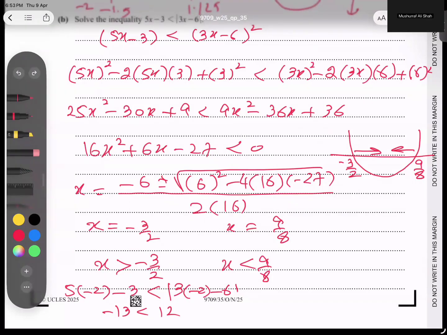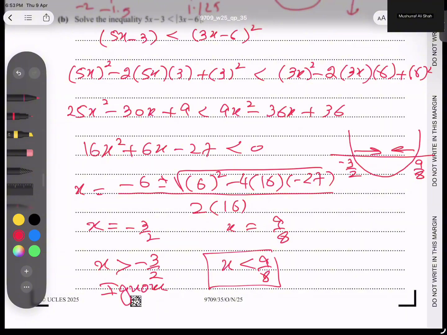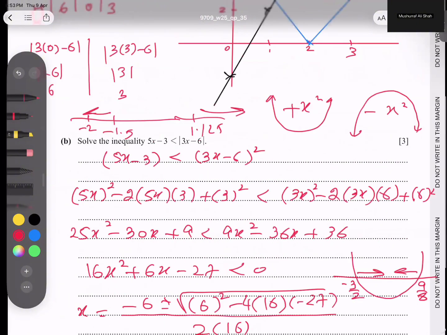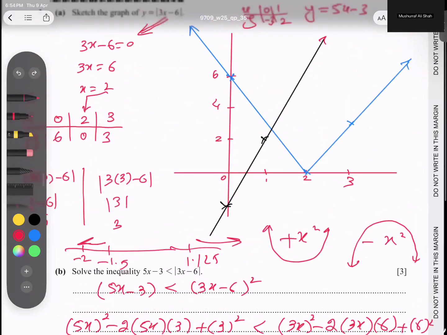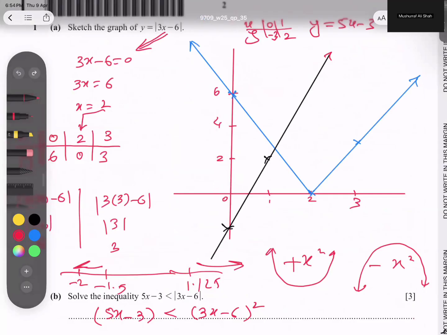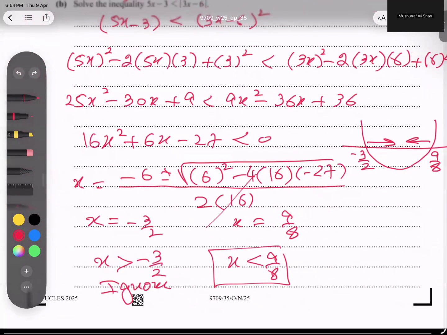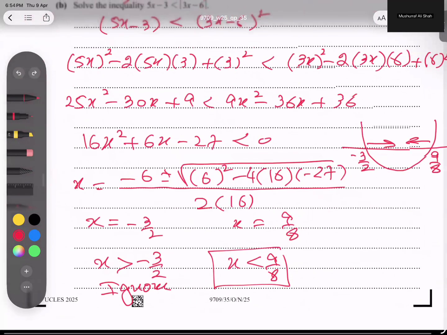So sometimes the diagram is helpful. I repeat again, why ignore? And this is our answer because this answer is coming at 1.125, the intersecting point. For the sake of understanding, there is no negative number where they are intersecting. So that is why I have ignored this negative number, and this is my answer.